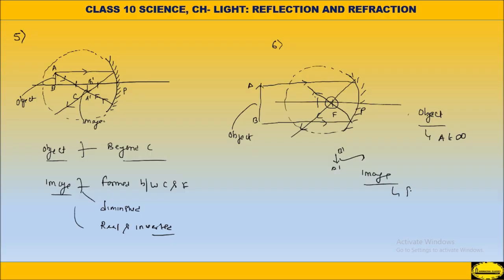Image is formed at principal focus, and the image size is highly diminished, and image nature is real and inverted. So these are the different cases we come across for concave mirror.